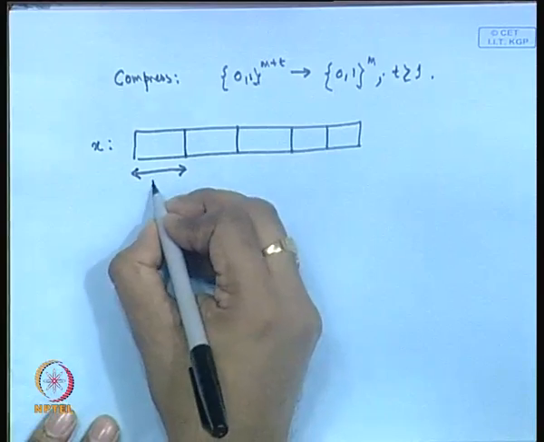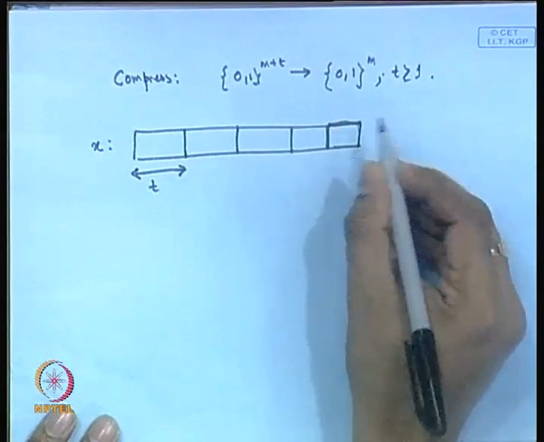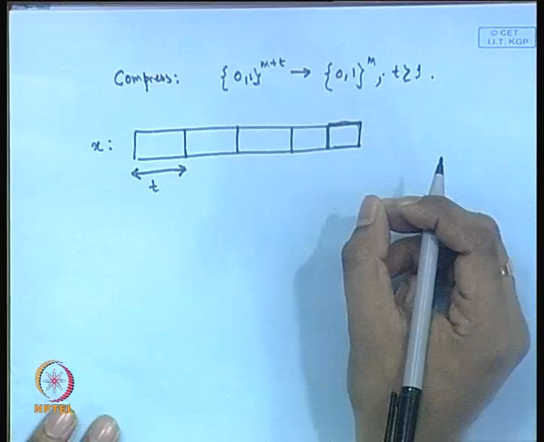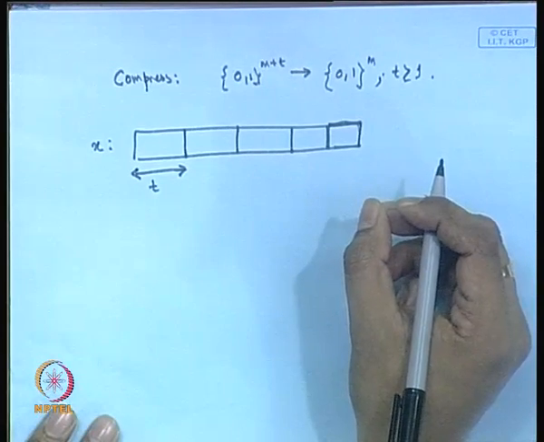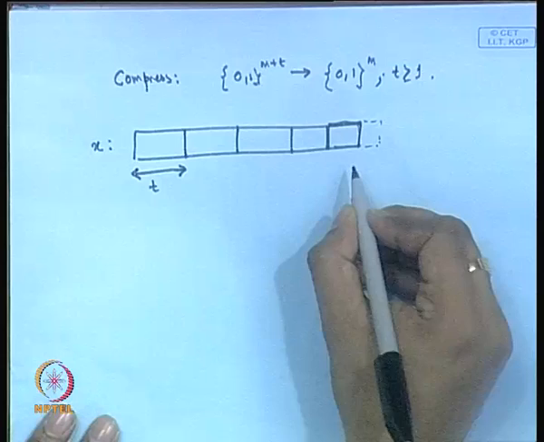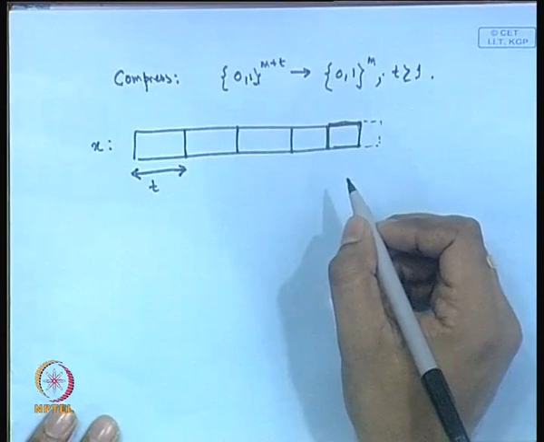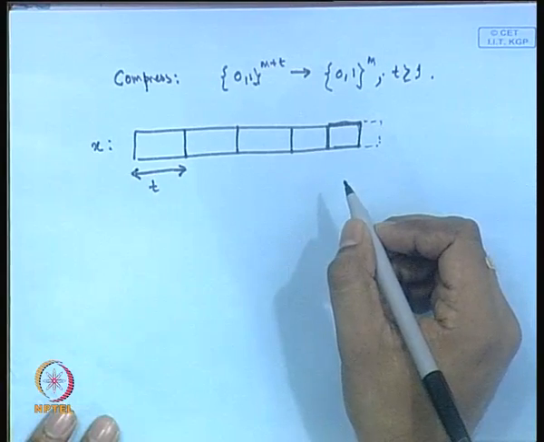Okay, so you understand that the last block may not be exactly equal to t. So what you do is a padding. Okay, so you extend this and make it also equal to t. Okay, so this particular step is called the pre-processing step.